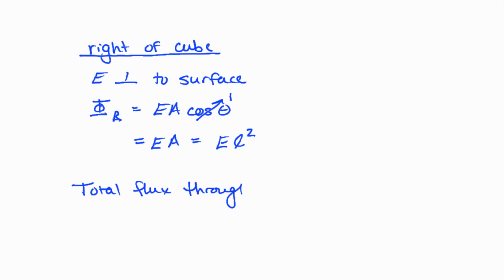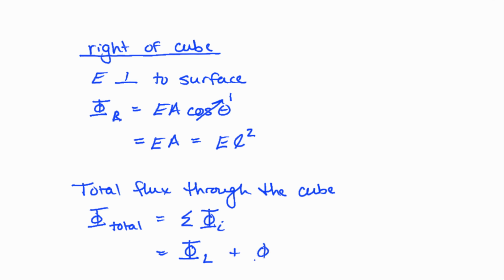through the cube, we need to sum all of the individual fluxes. Most of those were 0, so I'm going to go ahead and leave those out. So we're basically just left with the left and the right.